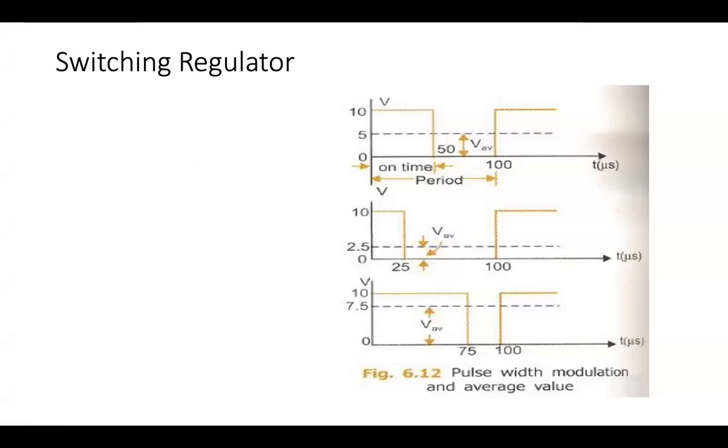I hope you have understood this concept. So 50-50%, 5 volts; 25% on, 2.5 volts; and 75% on, it's reaching about 7.5 volts. If I keep it on continuously, then it would reach the maximum of 10 volts.